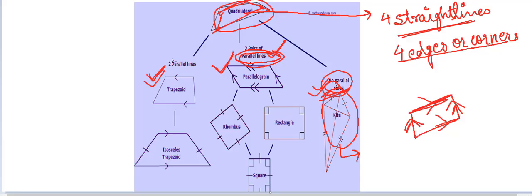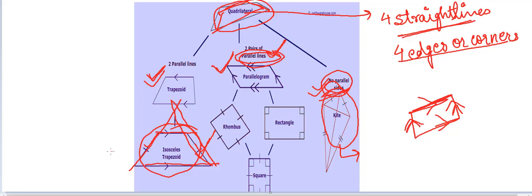Now trapezoidal is again divided into one type, that is isosceles trapezoidal. What is it? It basically has two parallel lines, one is this and the second one is this. See, these other lines can meet. If we extend these lines, they'll meet like this. So these two lines are not parallel lines.